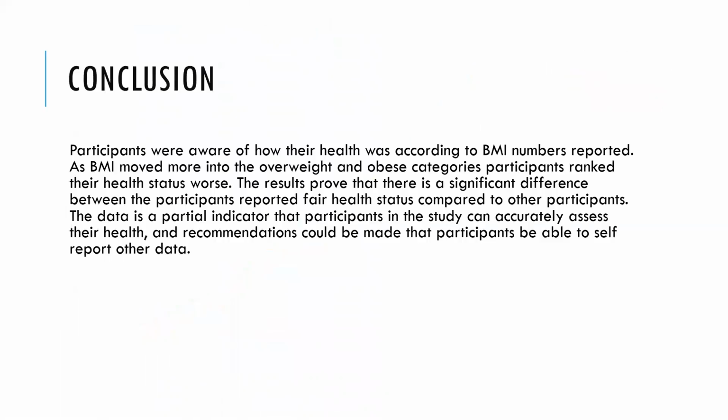The data is a partial indicator that participants in the study can accurately assess their health. Recommendations could be made that participants self-report other data should the need arise, as the researchers seem to have that.